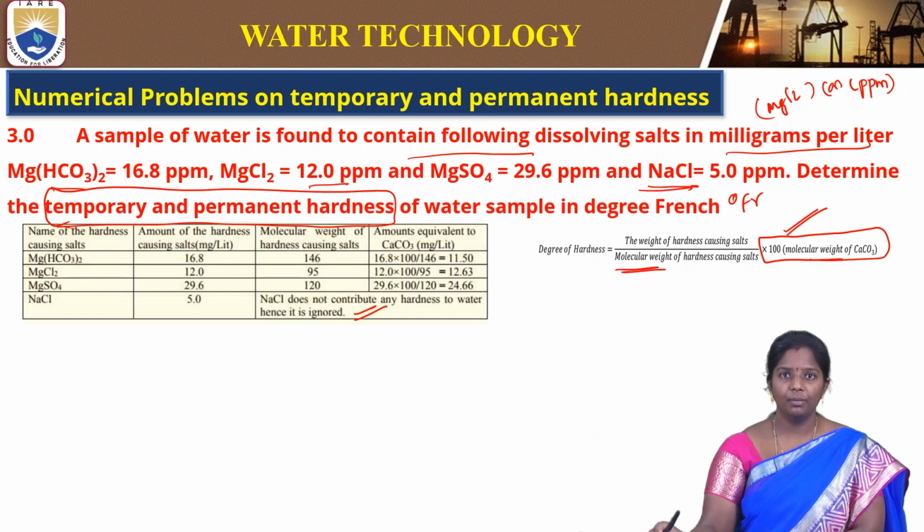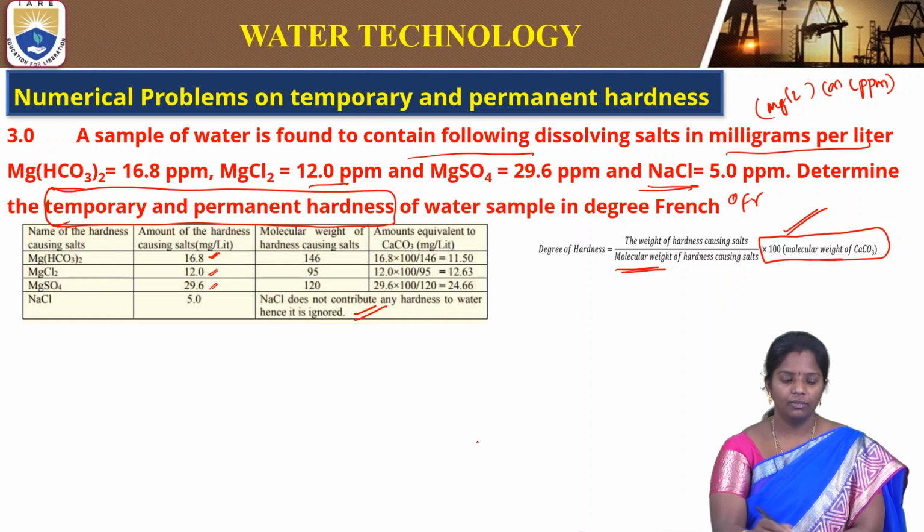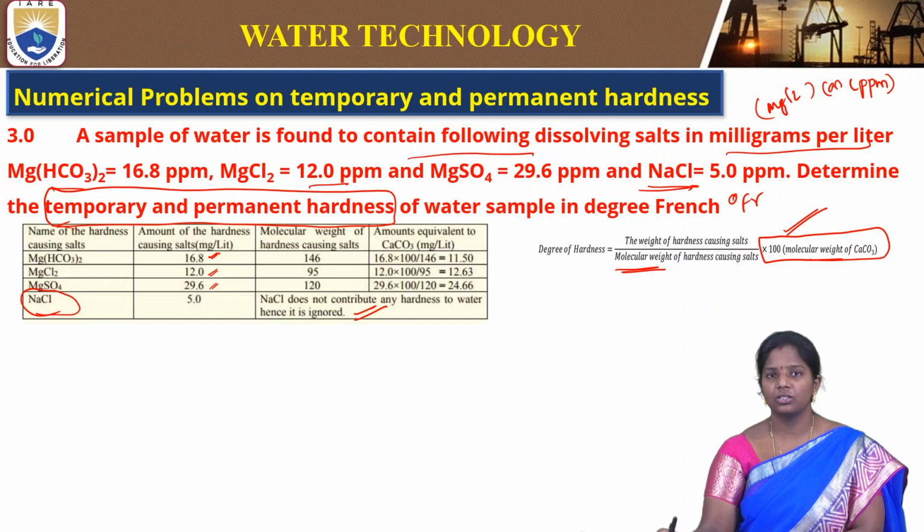So magnesium bicarbonate is 16.8 ppm, magnesium chloride is 12, and magnesium sulfate is 29.6. Even though sodium chloride is given by the examiner in the problem, it is just to confuse the student, so do not worry about it in the calculations.